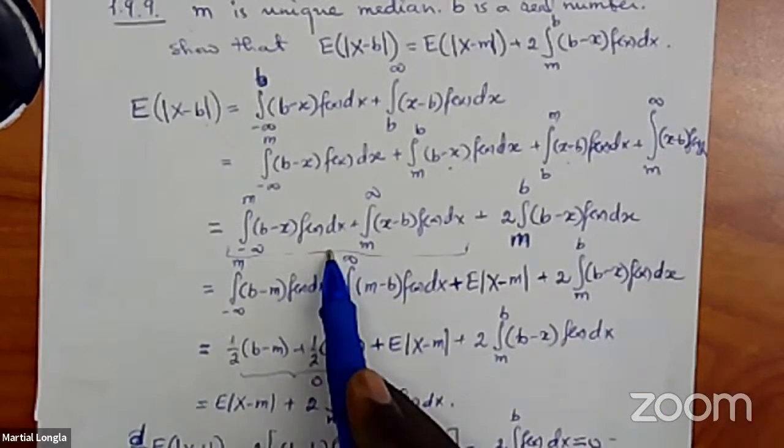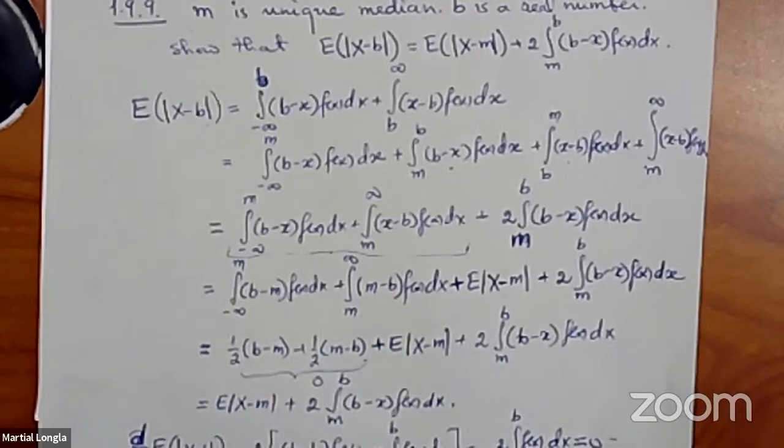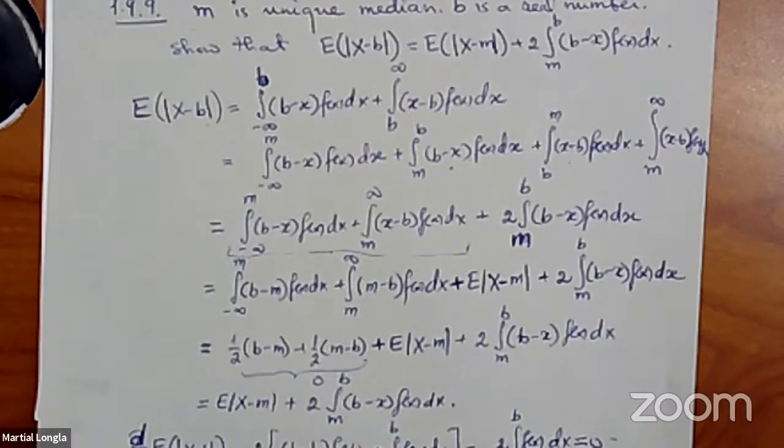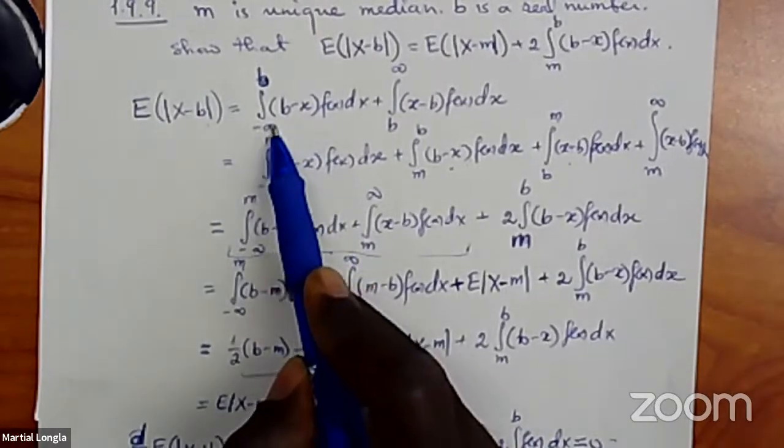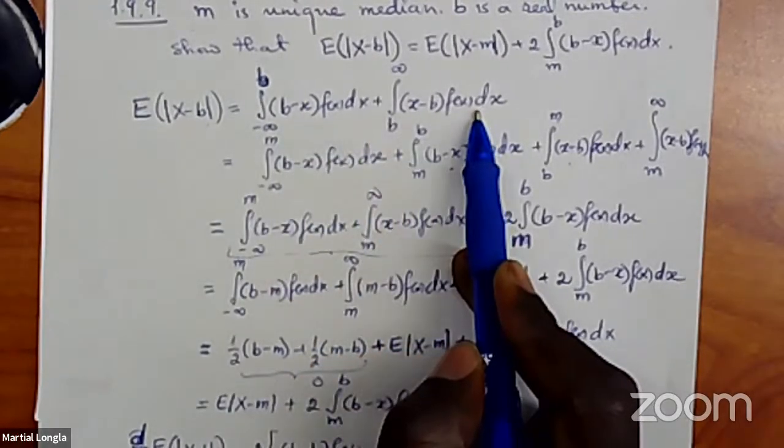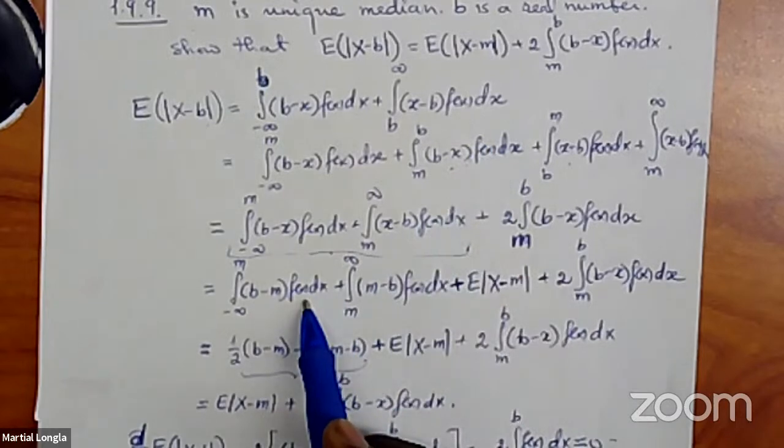Now we are left with this portion. What's disturbing us about this portion? We need to have the expected value of the absolute value of x minus m, right? And just as we did for the case of x minus b, we create that here.